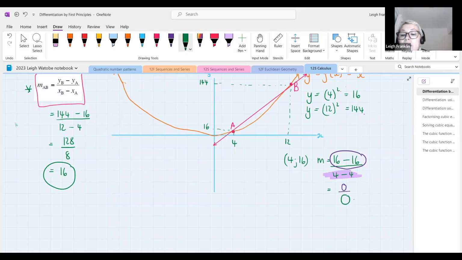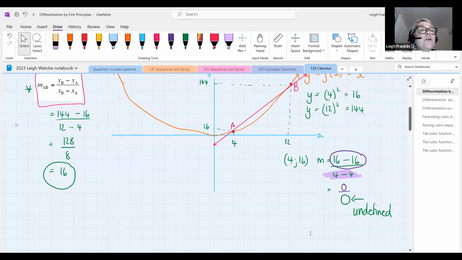If anything is divided by 0, then it becomes undefined. So in other words, using traditional methods, if I want to work out the gradient of the function at A, it's going to be undefined. And that would happen for any particular point if you used our gradient formula.